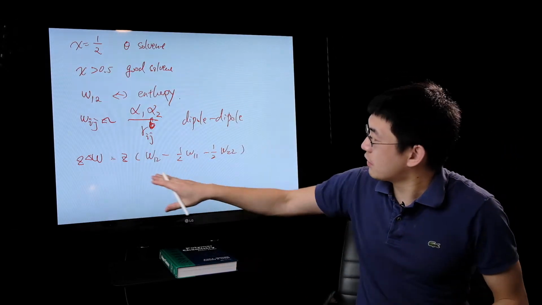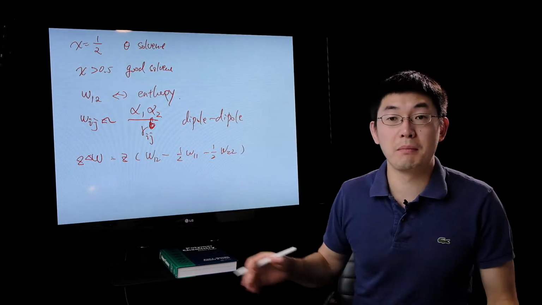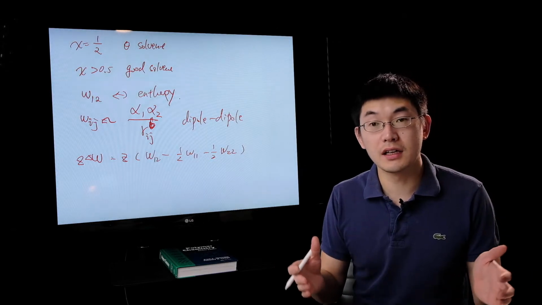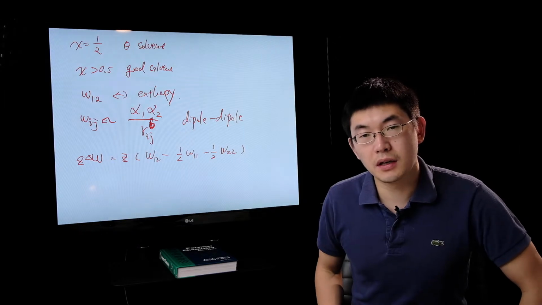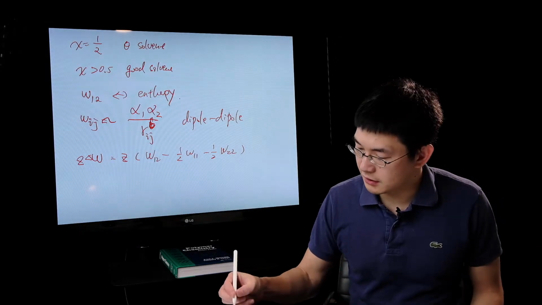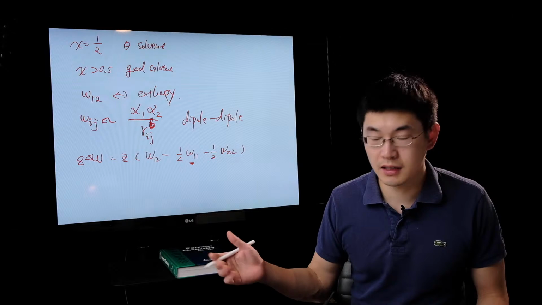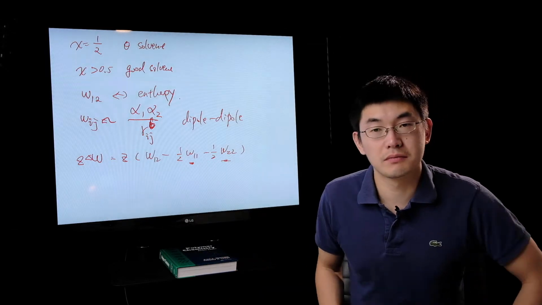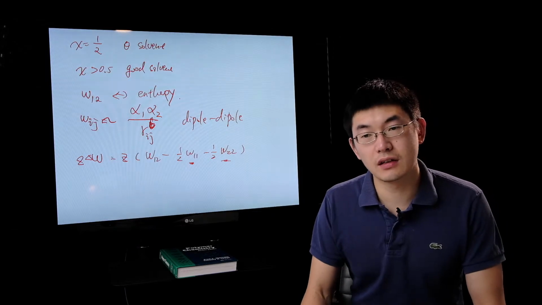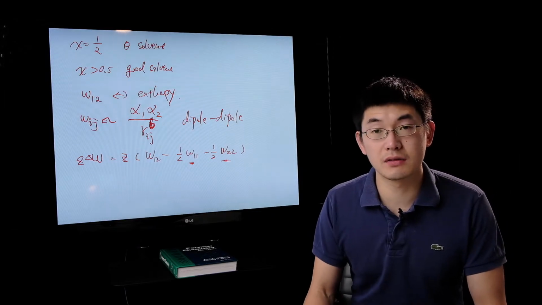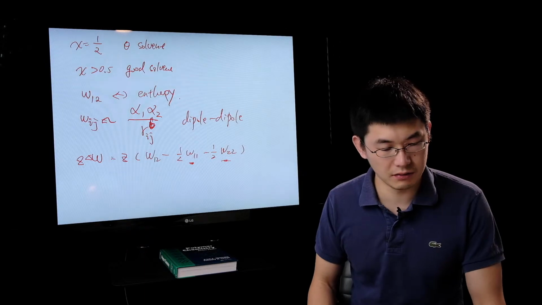W12 is the pair interaction, whatever it is, between species A and B. And W11 is basically the interaction with itself, AA molecules, and BB molecules for W22. And that's what helps us define delta H, the enthalpy, partially, right?